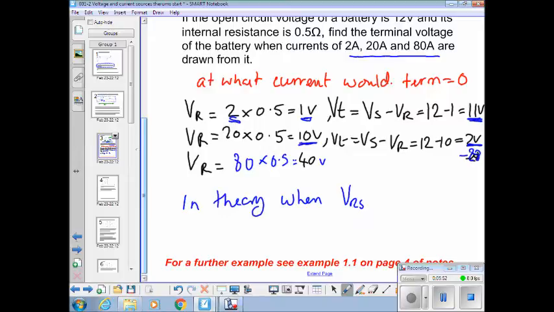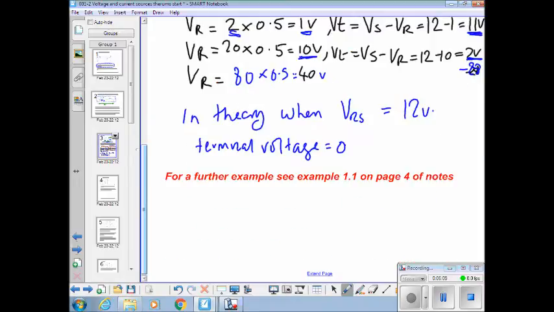So in theory, when the voltage across the internal resistance, VRS, is equal to 12 volts, the terminal voltage equals 0.